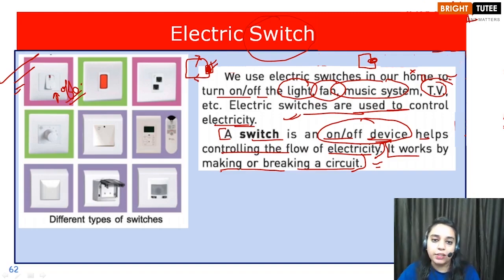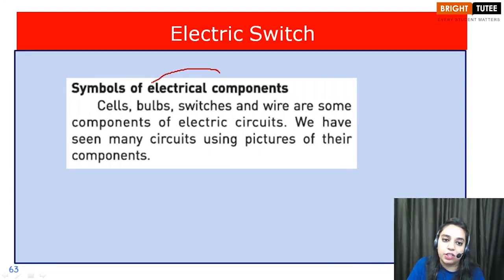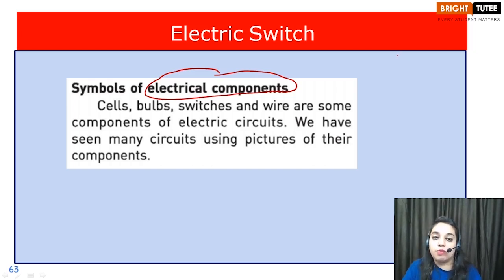Let's move ahead to the next topic. So children, we have certain symbols for the electrical components. First of all you need to understand what the electric components are that make up an electric circuit. Electric components are the things which make up a circuit, and we have made many circuits in the different activities that we have done.